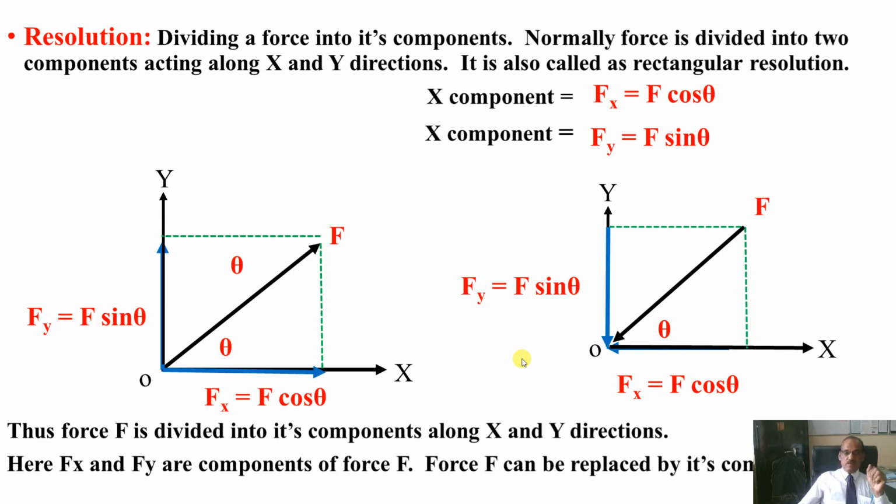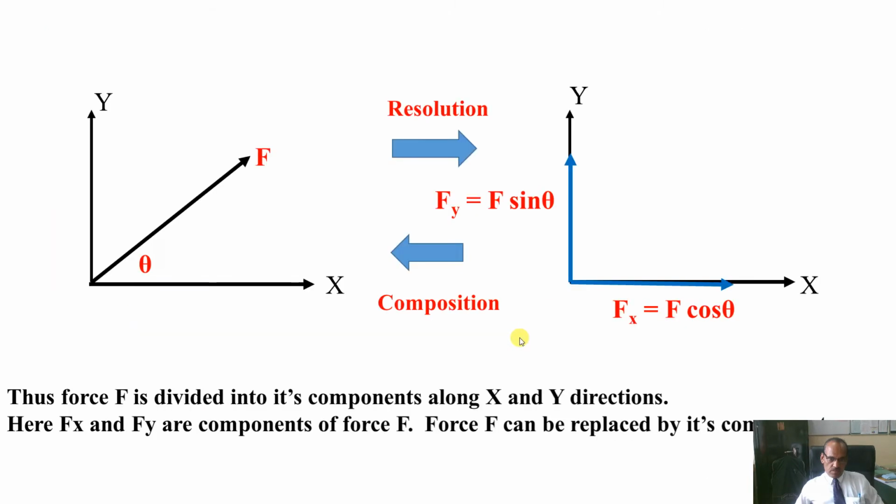It is very clear to you that when the force is acting away from the point, how the directions of the components are, and when the force is acting towards the point, how the directions have been taken. This fact should be very clear to you.